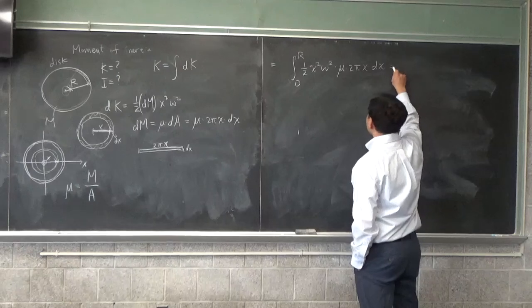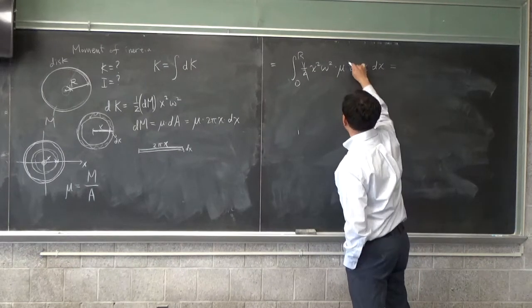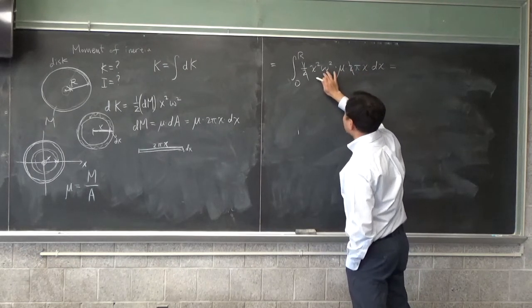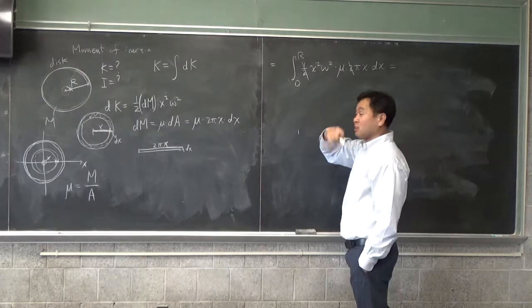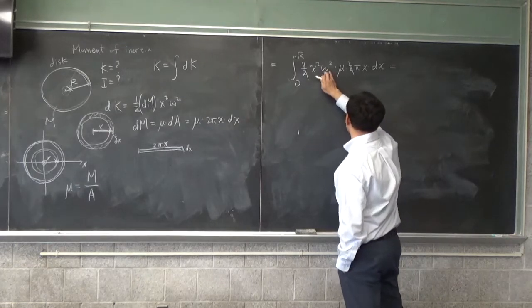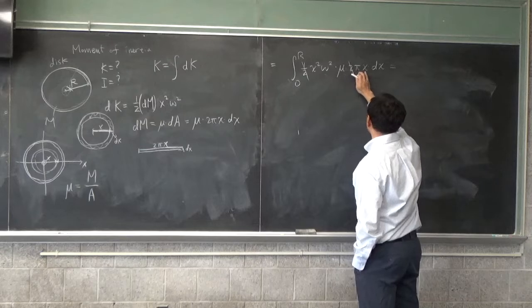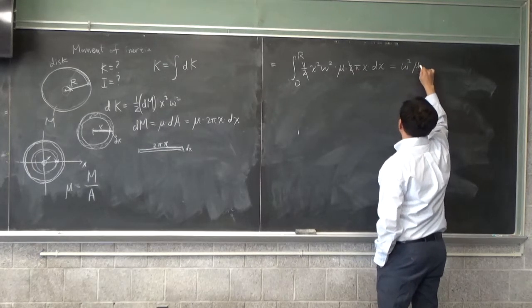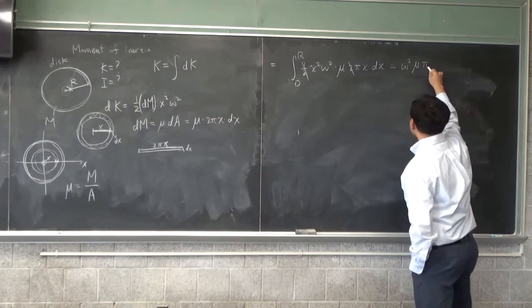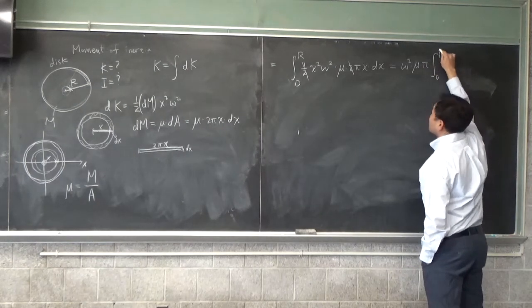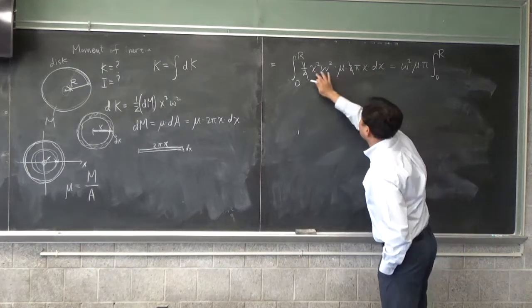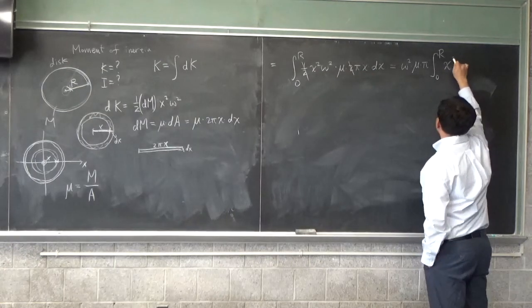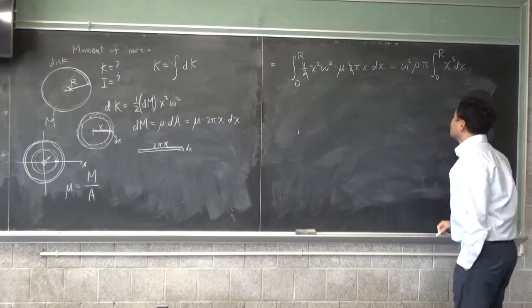Let's identify the constants. The 1/2 and 2 cancel. We're assuming it's rotating at a constant speed, so omega squared is constant, mu is constant, pi is constant. So we have omega squared mu times pi, integral from 0 to r of x times x squared, which is x cubed, dx.